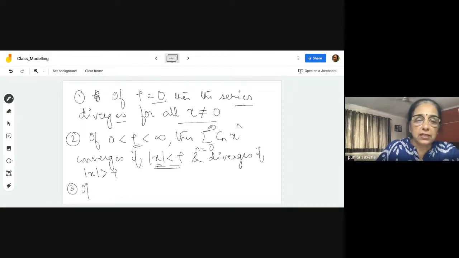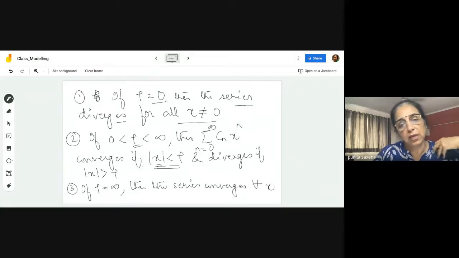But the third case, if rho is infinity, that was the third possibility. Now, this is the best possibility because it says that the series converges for all x. So that means this is the best scenario.